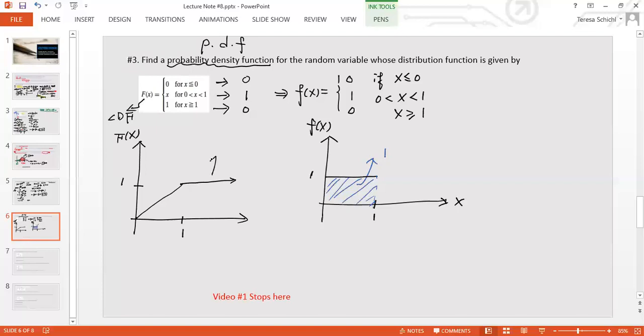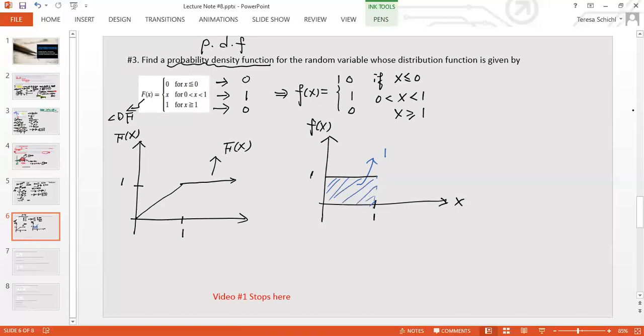This graph is what we call the CDF. The CDF should be an increasing function because you keep adding the area, continuing to integrate until the end of the distribution. So that's how you find the PDF when given a CDF.